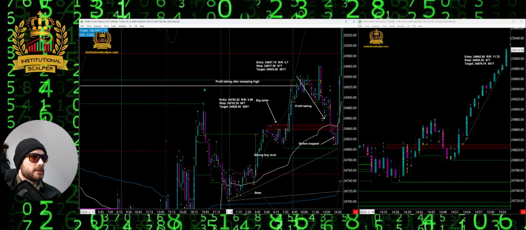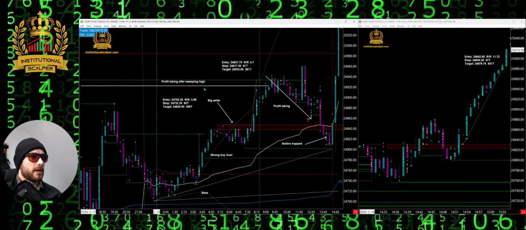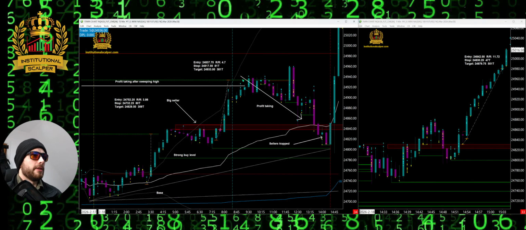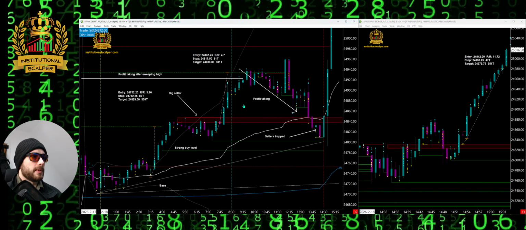So the accuracy is pretty nuts, and if you get into the habit or start practicing marking these as support and resistance, it starts becoming very clear.